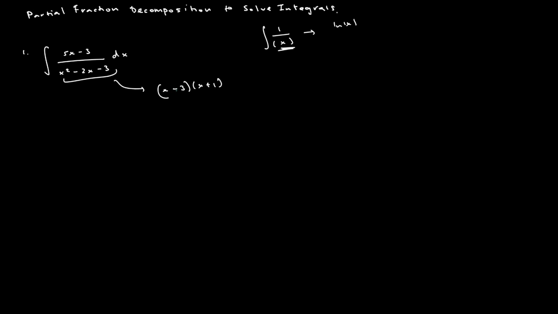I'm going to assume that we're all familiar with partial fraction decomposition since this is not the focus of the video, but if you want me to make a video covering partial fraction decomposition, just let me know. We basically want to decompose our original function into these two fractions where a and b are the numerators.